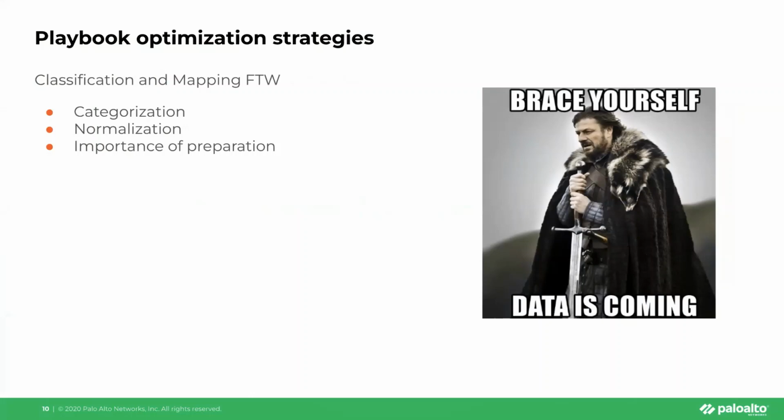So moving back to classification and mapping. Before I dive into the demo, I just want to take a quick moment to briefly explain what these are and why they are important. As you all know, classification is a powerful tool that places incoming alerts in appropriate categories or incident types in the XSOAR lexicon based on a classification key.